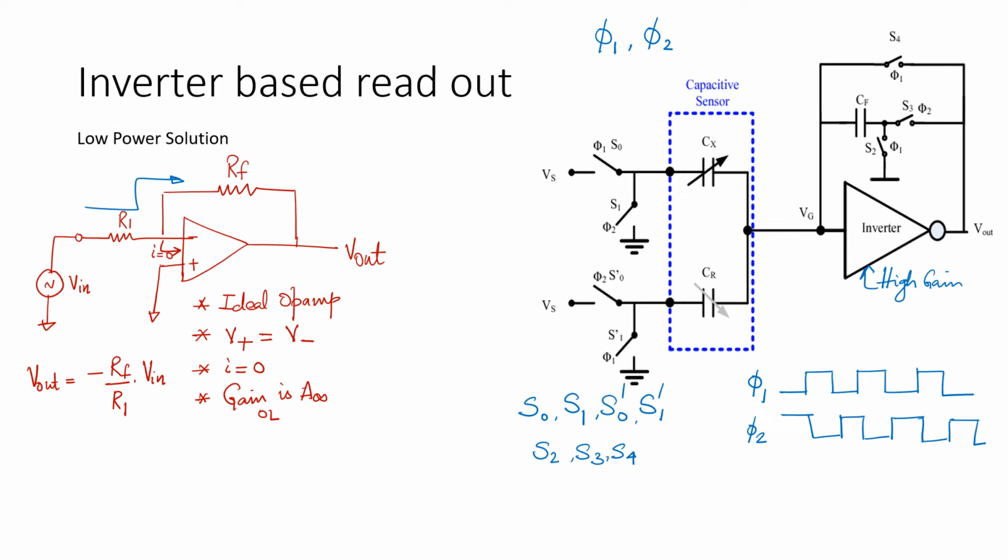Now what do we understand? There are two phases. So we can define this operation in two phases. When phi 1 is 0 and phi 2 is 1, that would be this state. The other state would be when phi 1 is 1 and phi 2 is 0.